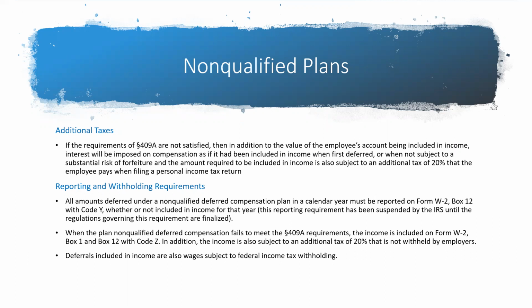If the requirements of 409A are not satisfied, then in addition to the value of the employee's account being included in income, interest will also be imposed on that compensation as if it had been income when it was first deferred, or when no longer subject to substantial risk of forfeiture, and the amount required to be included in income is also subject to an additional tax of 20% that the employee pays when filling out their personal income tax.